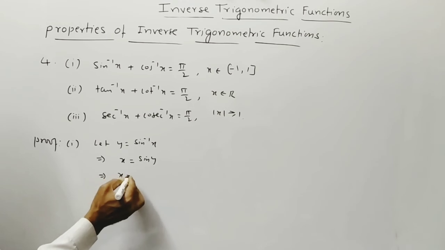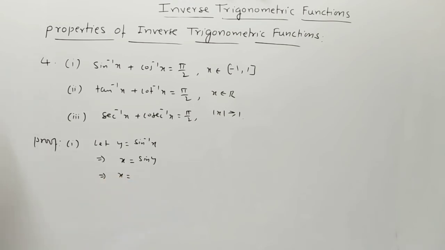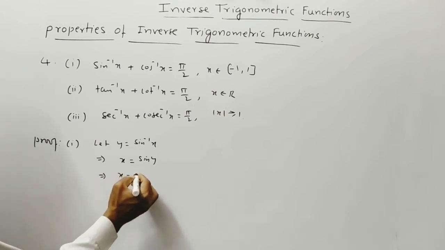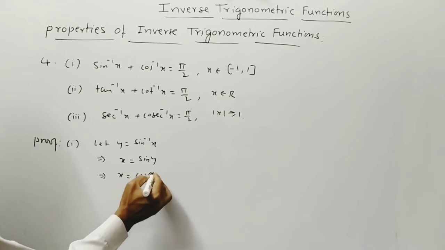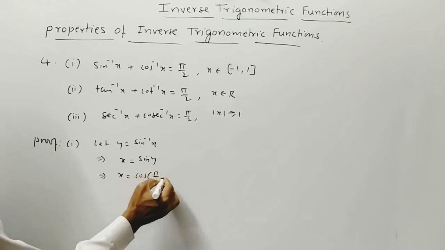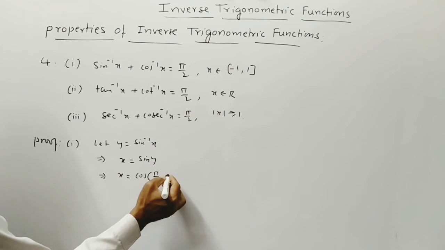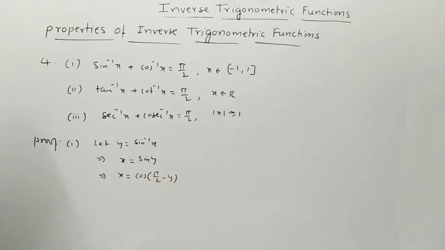This implies x is equal to cos of pi by 2 minus y, that is the first quadrant, is equal to sin y.